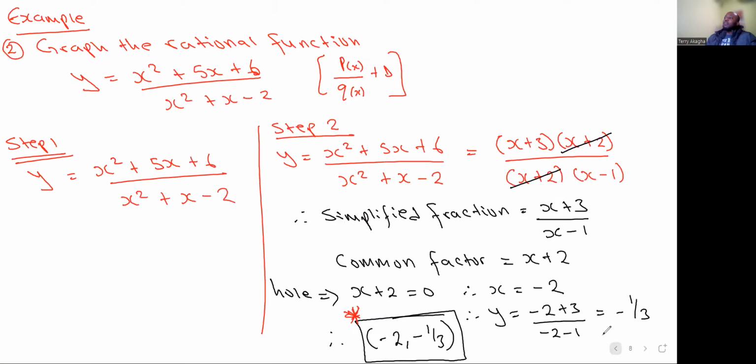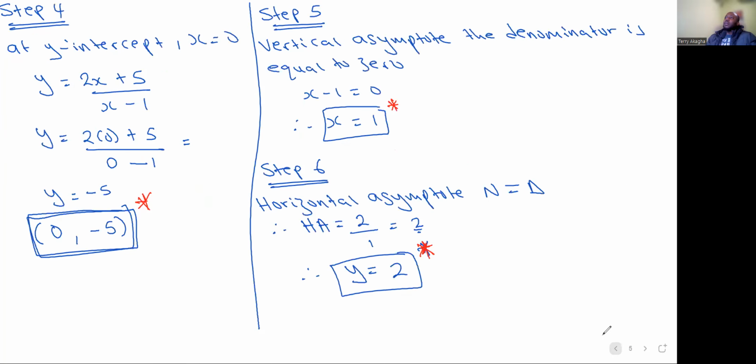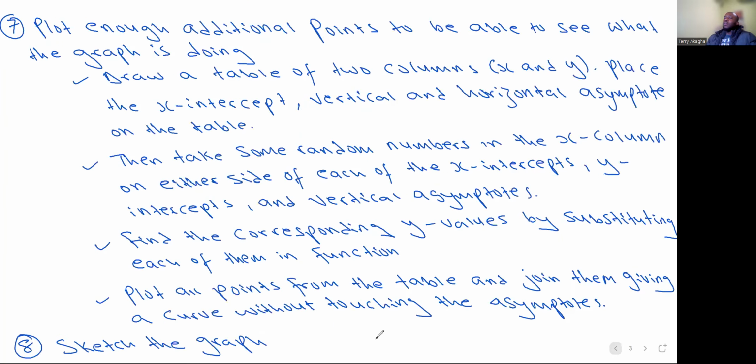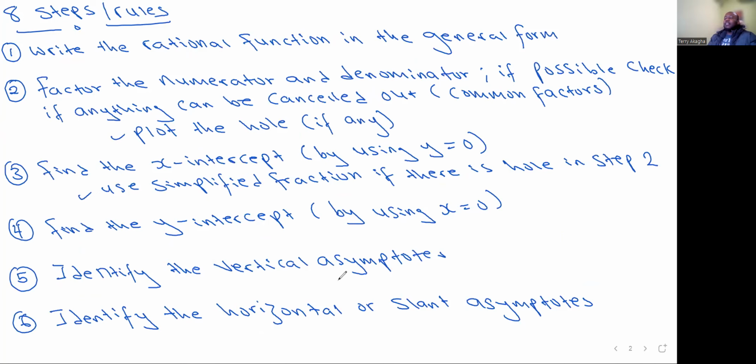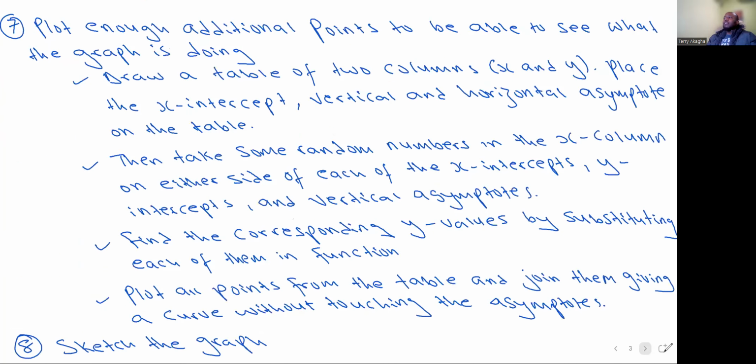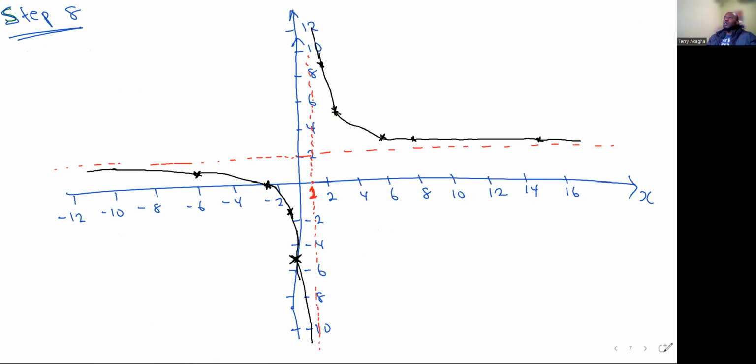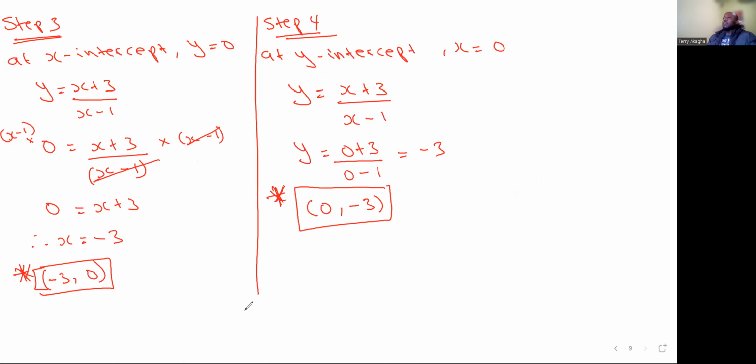Then step 5, okay? Step 5, we need to then identify the vertical asymptote. So remember, to find the vertical asymptote, you need to equate the denominator to be equal to 0, okay? Let me write this on a new page.